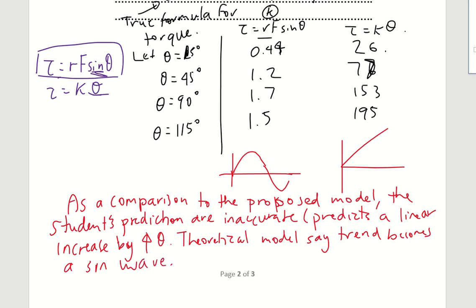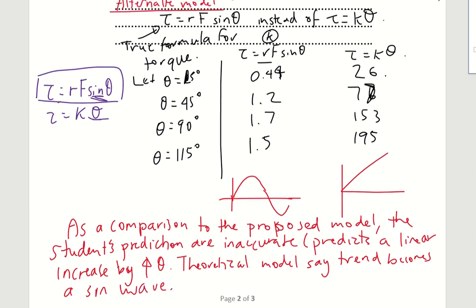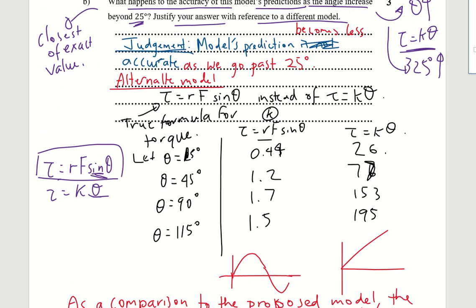So that's maybe a bit more than what you would probably need, but try to use a couple of values, maybe 90, 115, to show that the trend wouldn't just go linearly up, it will eventually come back down after a certain angle.